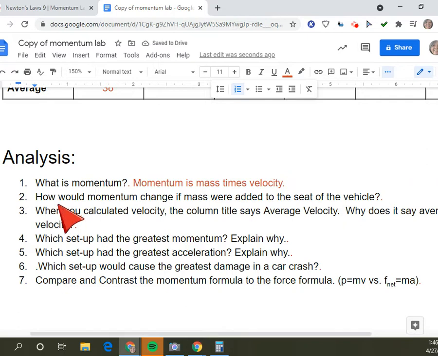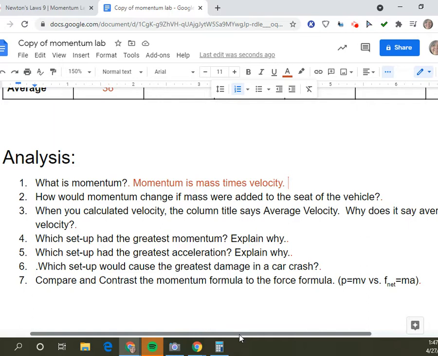This is a thinking question. How would momentum change if mass were added to the seat of the vehicle? If we put a weight in the little seat of our vehicle, would momentum be greater or less? Greater. If I have a regular sized truck going really fast and a semi truck going really slow, we could have the same momentum.